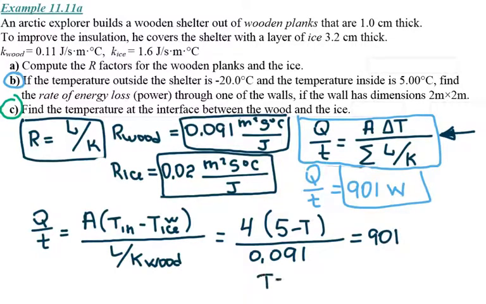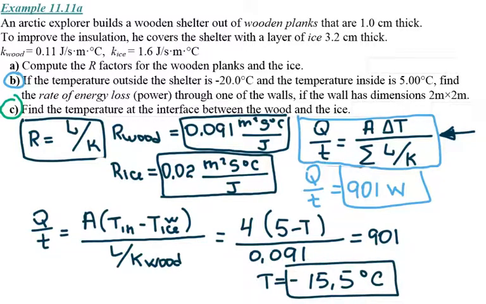So T is going to be equal to -15.5 degrees Celsius. So that's the temperature between the wood and the ice.